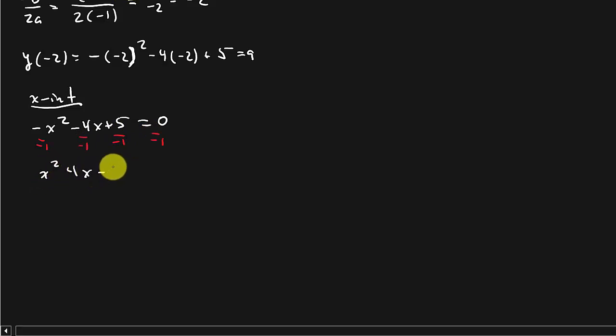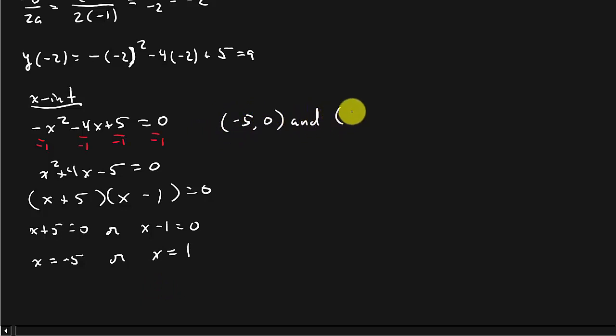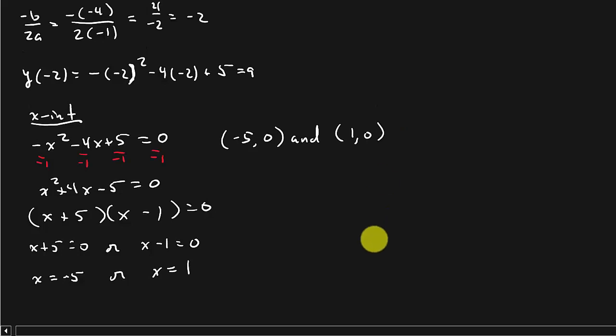So x squared plus 4x minus 5 equals 0, which factors into (x + 5)(x - 1). So x plus 5 equals 0 or x minus 1 equals 0, so x equals negative 5 or x equals 1. My x-intercepts are (-5, 0) and (1, 0).